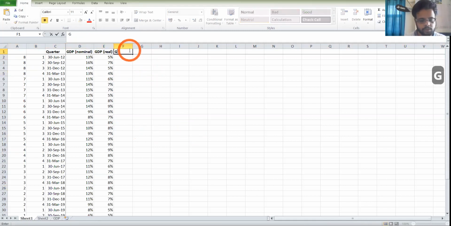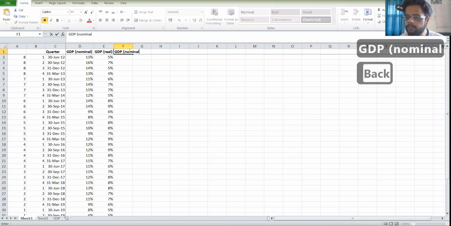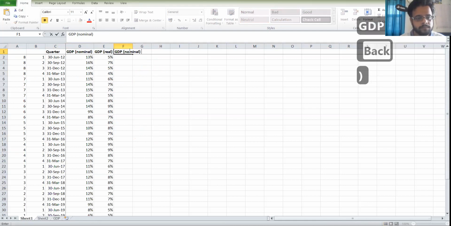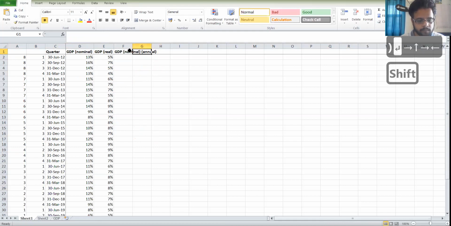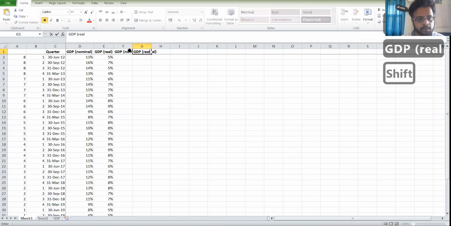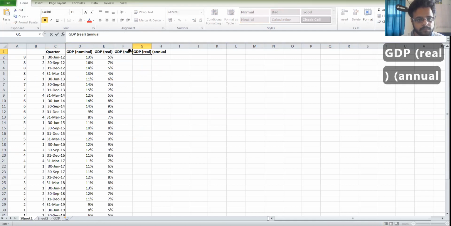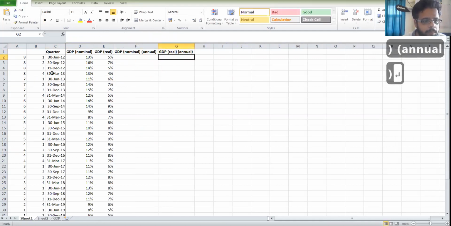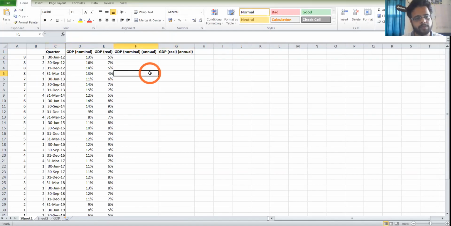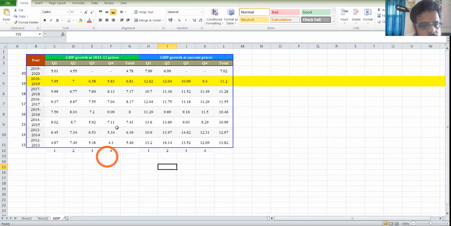So GDP nominal annual and GDP real annual. Now this number will only come for March because that is where we get the annual data. So this is already codified.